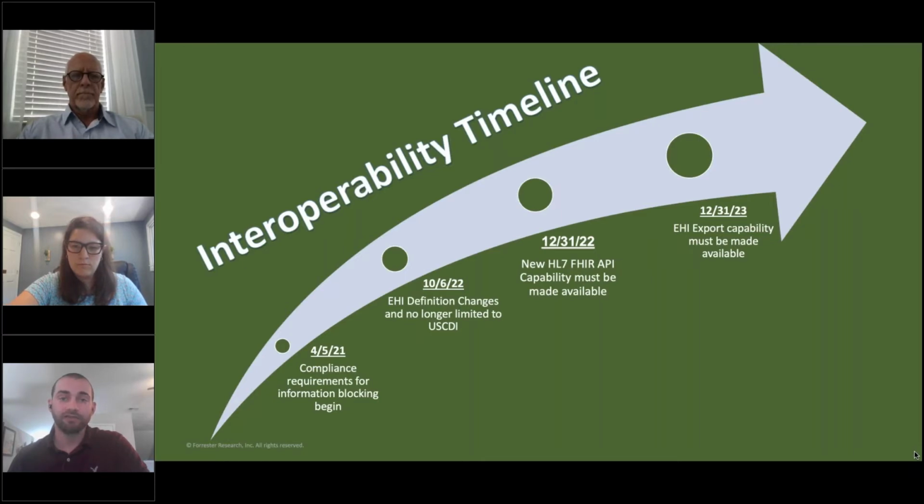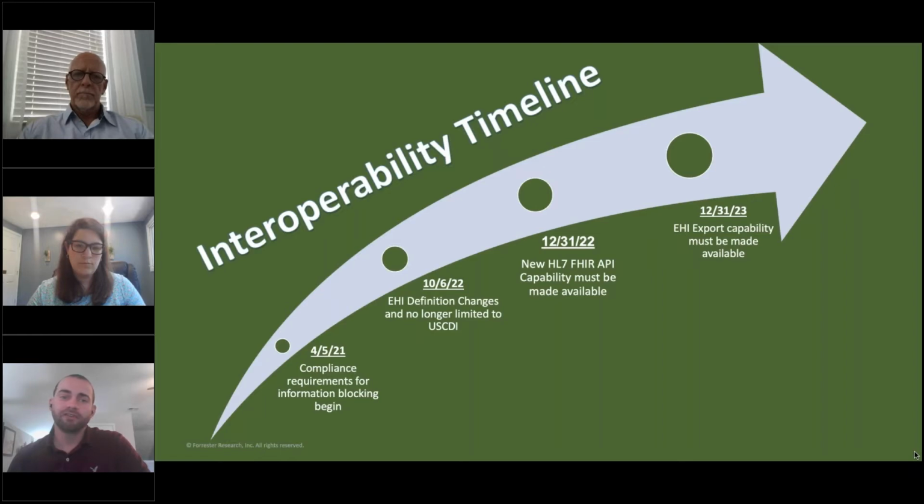However, there has been a total of 413 information blocking claims, with 381 of these being investigated as legitimate. It's also interesting to note that the overwhelming majority, that is over 225 of these claims, have actually come from the patients themselves. So the patients are aware of these new rules and are willing to do something about their electronic health information.